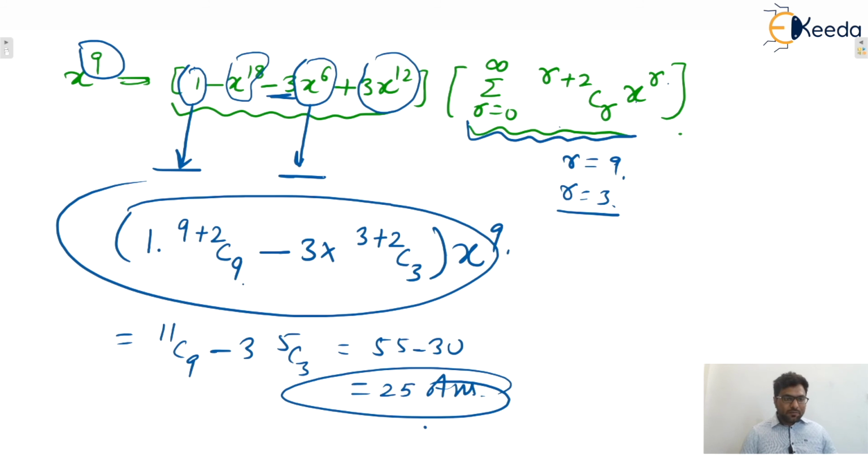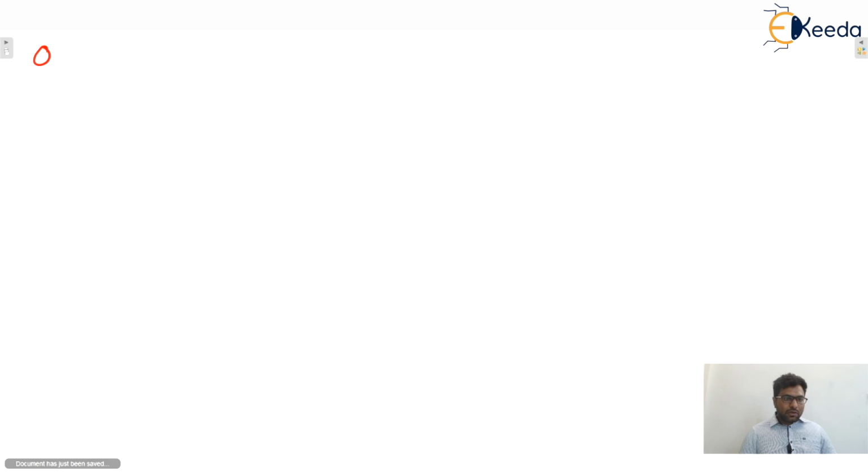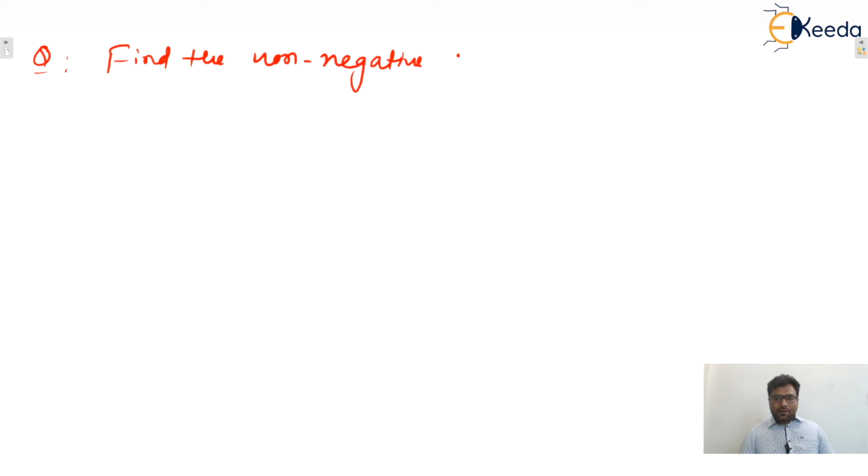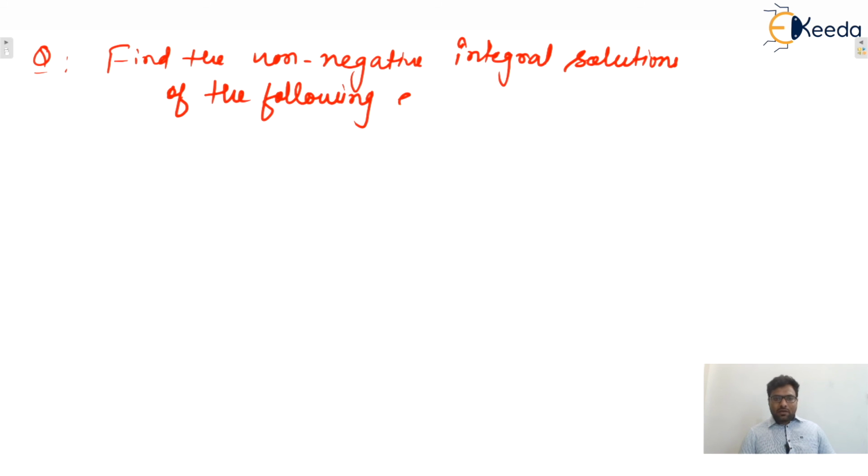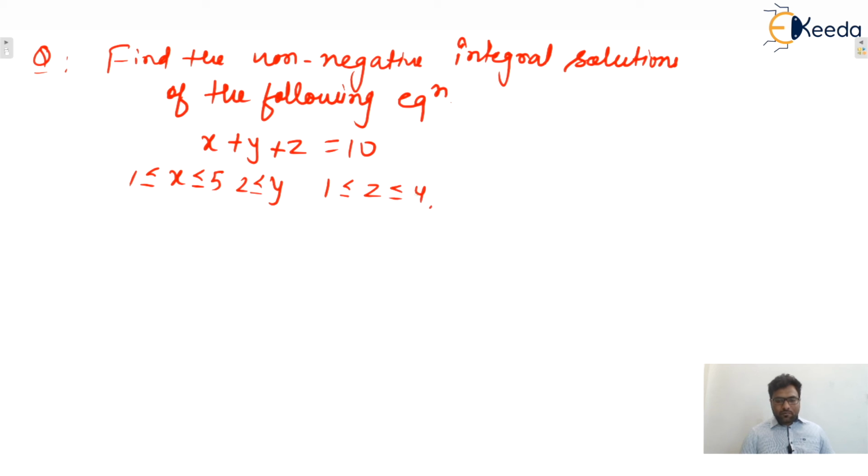So let us take one more example. Let's say find the non-negative integral solutions of the following equation. One equation is given to you, that is x plus y plus z equal to 10, where x lies between 1 to 5, y is greater than or equal to 2, and z lies between 1 to 4, isn't it?